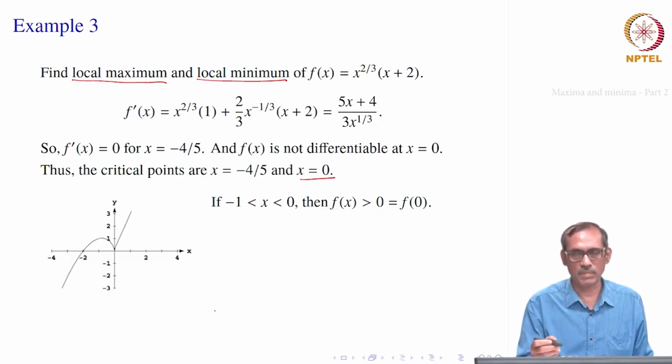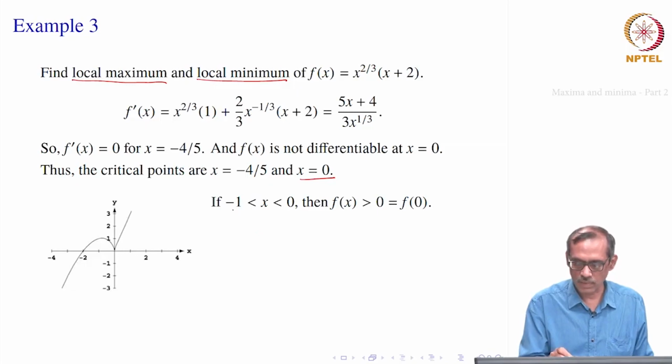Let us take some neighborhood, say minus 1 less than x less than 0. You could have taken minus half also, but bigger might give trouble. So, smaller is better to find some neighborhood. In this neighborhood, minus 1 less than x less than 0, x is negative, so this becomes negative, and this becomes positive, it is 2 minus 1.